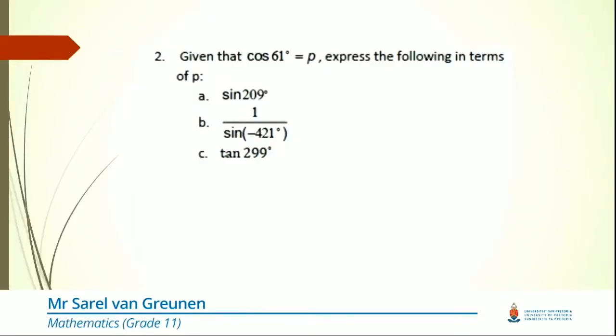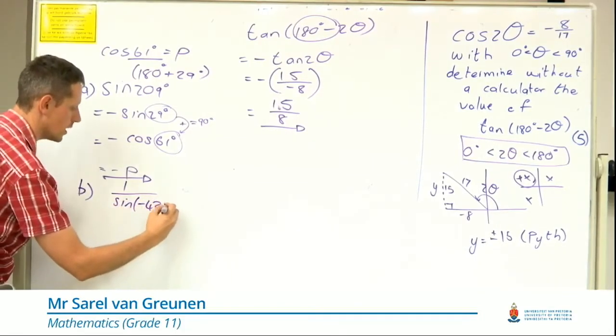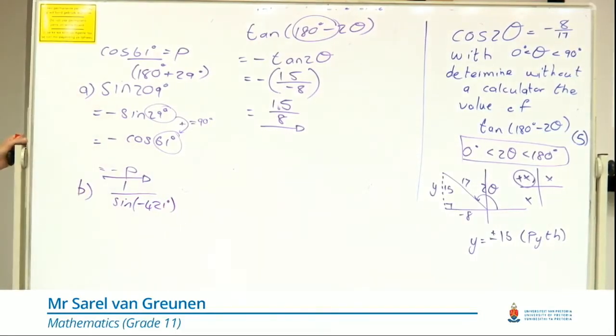This is now kind of where you guys start freaking out. But, so what is step 1? Yes, you, looking behind you, yes. Yes, thank you. Get the angle between 0 and 360. So if I look at 1 over sine negative 421, I'm going to add 360 and I'm going to add 360 again.